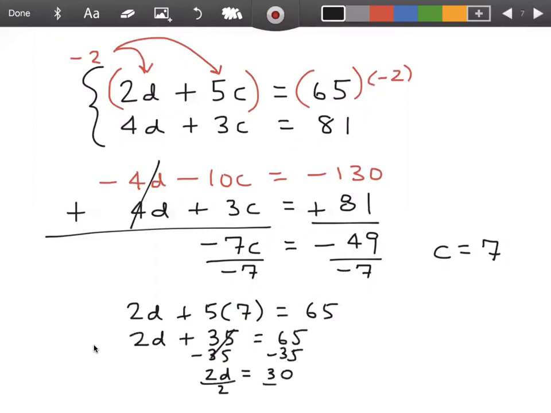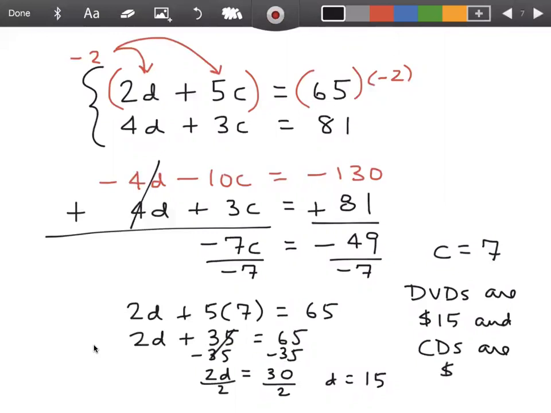Divide both sides by 2. That gives you D equals 15. Which means for the problem that this came from, DVDs are $15 and CDs are $7.